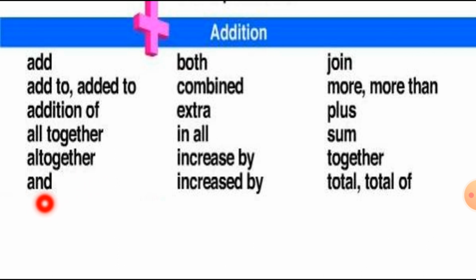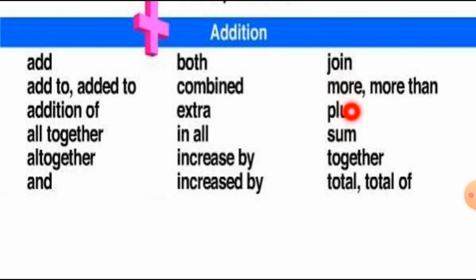Both, this is also a keyword of addition. Combined, this word indicates to add the numbers. Extra, this is a keyword of addition. In all, this keyword is used the most in all the word problem sums. Then increased by, this is a keyword of the addition.